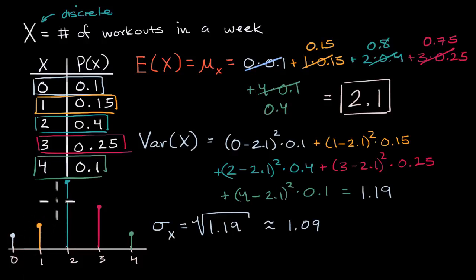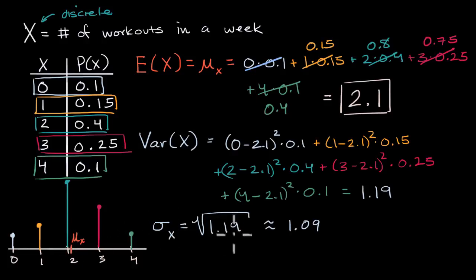So this is a visualization of this discrete probability distribution where I didn't draw the vertical axis here, but this would be 0.1, this would be 0.15, this is 0.25, and that is 0.4. And then we see that the mean is at 2.1, which makes sense. Even though this random variable only takes on integer values, you can have a mean that takes on a non-integer value.